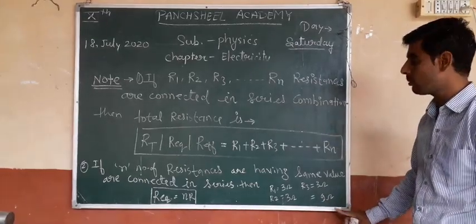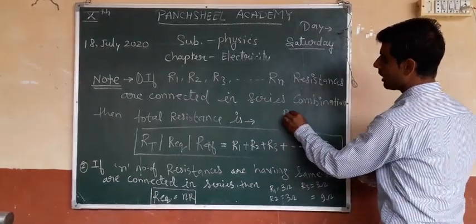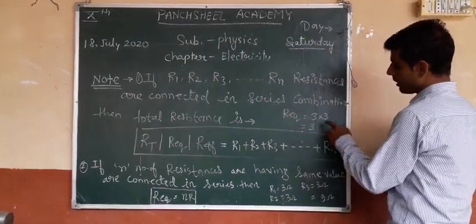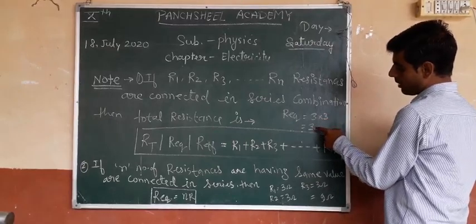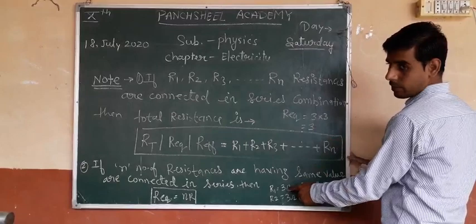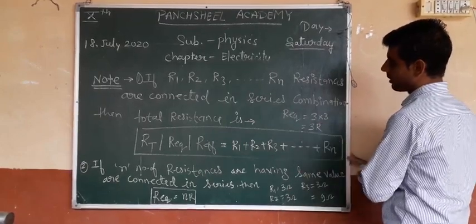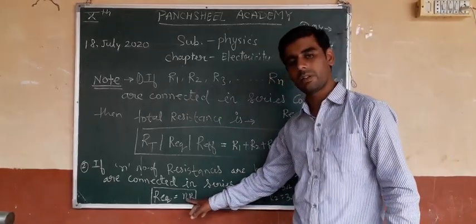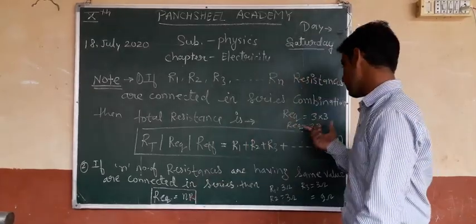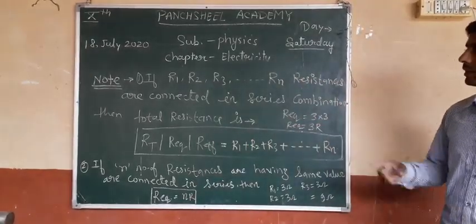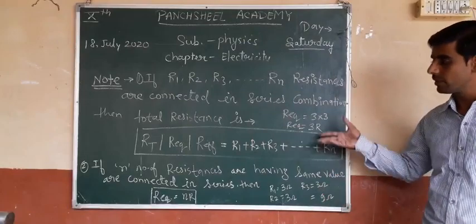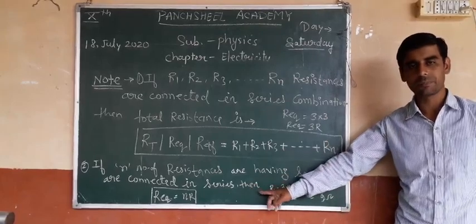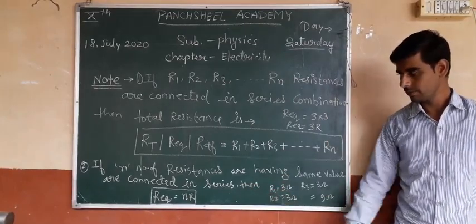And how to write 9 ohm? 9 ohm means R equivalent equals 3 into 3, and what is the 3? This is the value of the individual resistance, so we can say 3R. So R equivalent equals 3R. So in general, here n equals 3 and R is also here. So these are the two conditions which are very important from your exam point of view. Okay, note down.